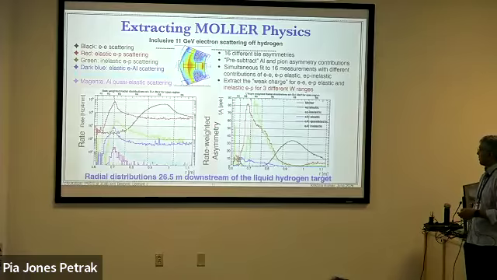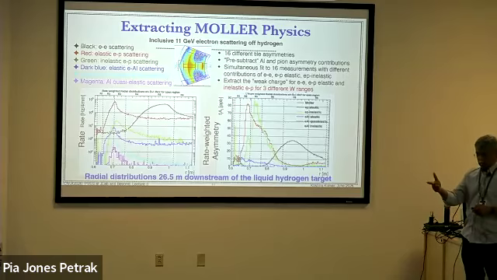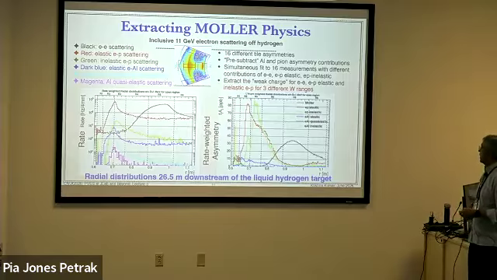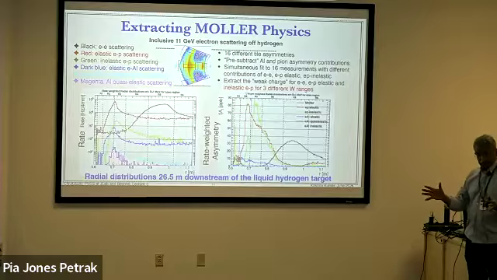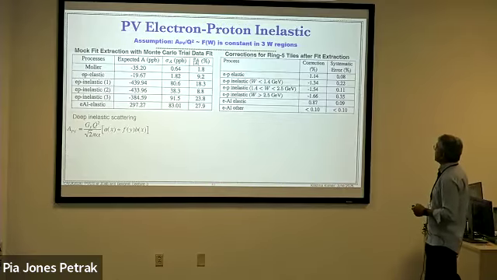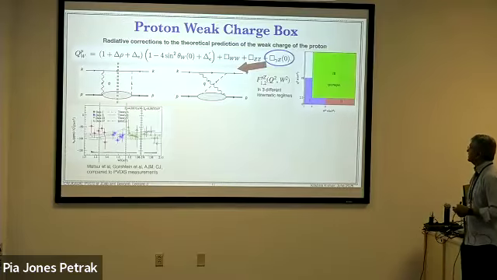Even though you have a very small rate here, you have a very large asymmetry. By measuring the asymmetry separately in all of these tiles, you're going to be able to unfold the elastic EP, the Moller scattering, and the inelastic EP contributions. That's going to be a nice challenge in the analysis for the grad students and postdocs doing the experiment. Okay, so I'm going to skip this part about why the inelastic EP is interesting.